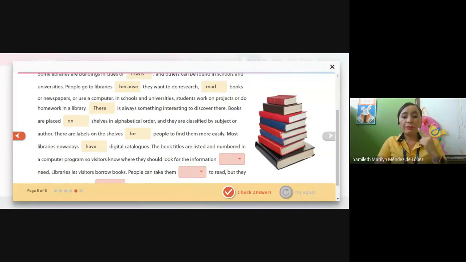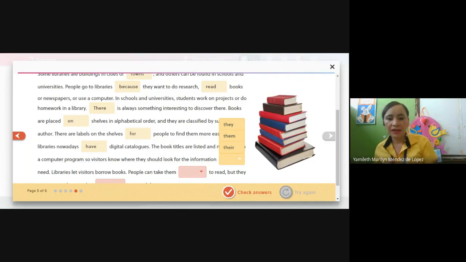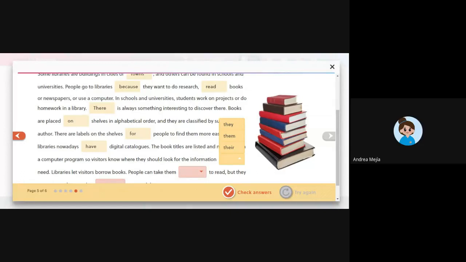Digital catalogs. Here we are talking about plural. Don't confuse this. This is plural. Most libraries. Digital catalogs. The book titles are listed and numbered in a computer program, so visitors know where they should look for the information they need, or their need. They.